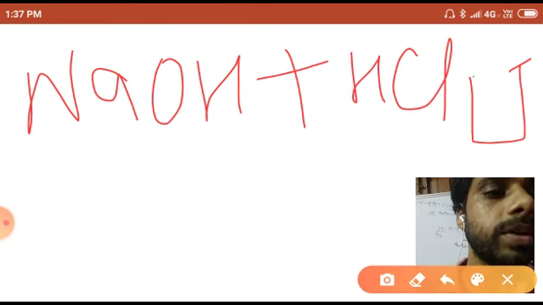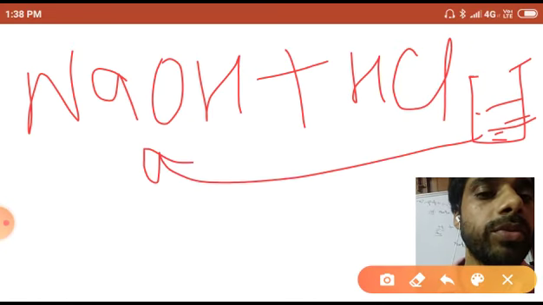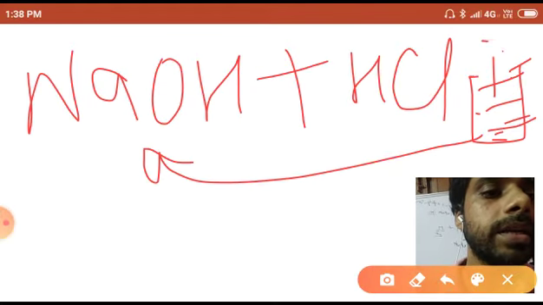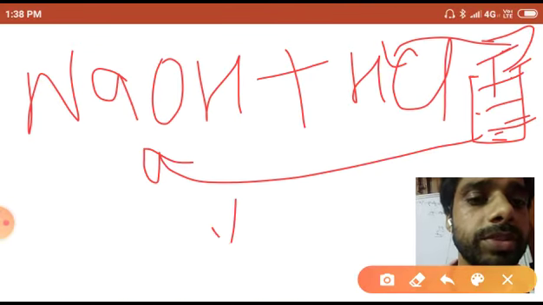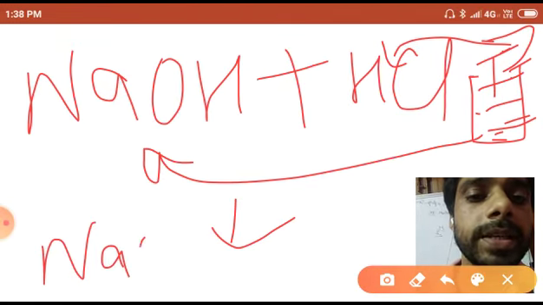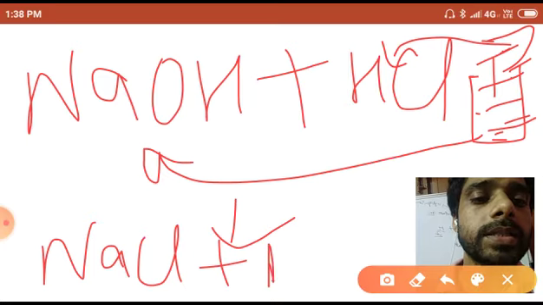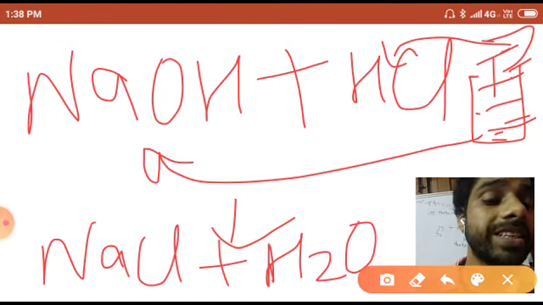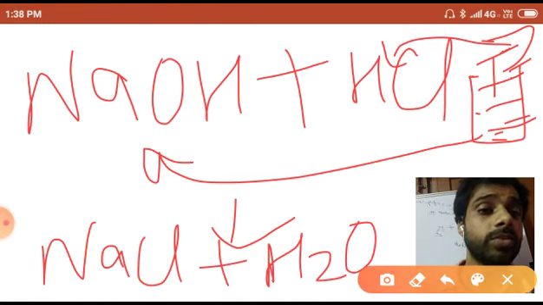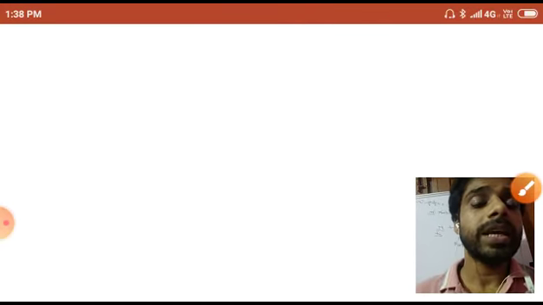I have taken one beaker, this one is NaOH, and I have added some amount of HCl with the help of a test tube, and what will it form? It will form NaCl plus H2O. So this one is a neutralization reaction.